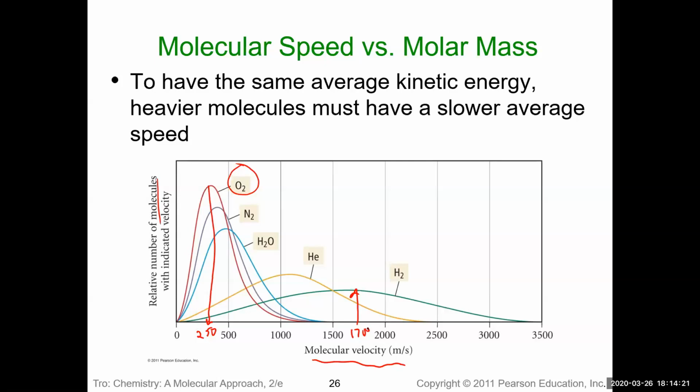Hydrogen's kinetic energy is the exact same as oxygen's kinetic energy, but hydrogen is moving faster than oxygen is. So it's really important that you don't mix up the two concepts of velocity or speed and kinetic energy. The kinetic energy of any molecule at the same temperature is exactly the same, but they're moving at different speeds.